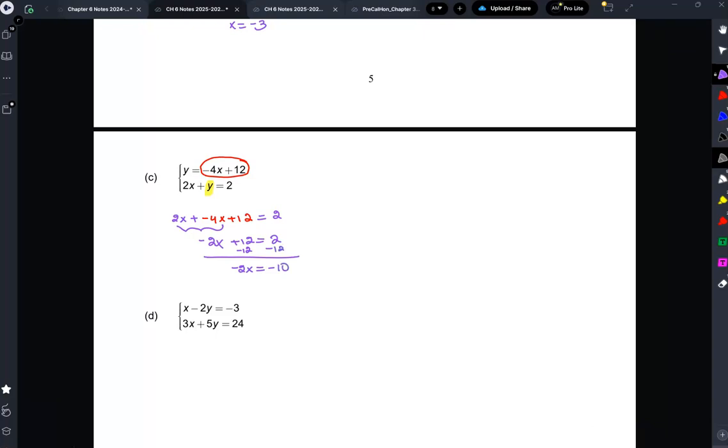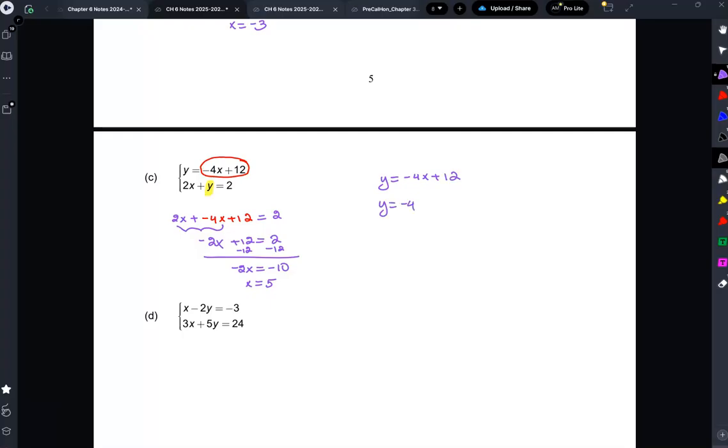Negative 10. That's why I was doing 10 before. So x is how much? 5. Okay. X is 5. Now I'm going to plug it into the other one. Y equals negative 4x plus 12.